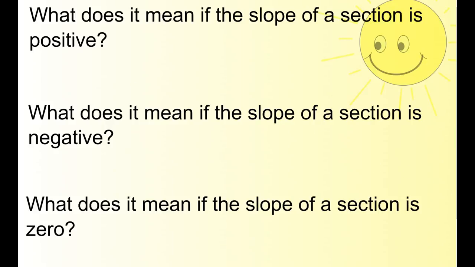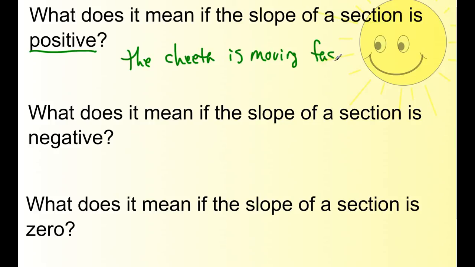Okay, so in the scenario we're given with a cheetah, a positive slope would mean that its speed is increasing. So it's getting faster. So the cheetah is moving faster. Okay, so a negative slope would be where the speed is decreasing.